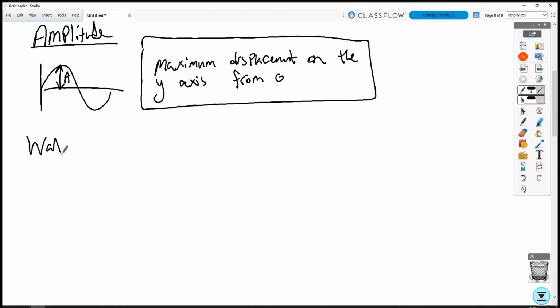Next, we'll do the wavelength. And again, a sketch will help us out here.